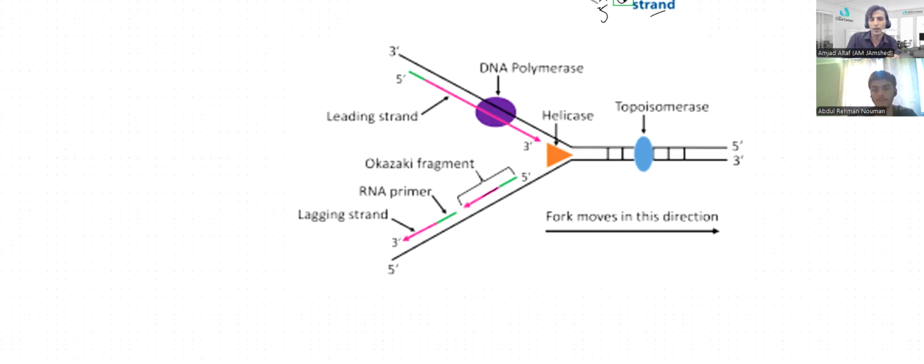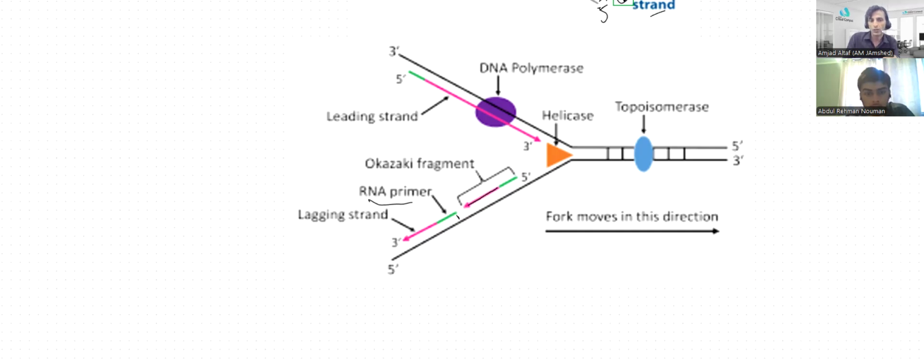In a similar way, for the next fragment, there must be an RNA primer that attaches at that specific 5 prime, and then that is the message for the DNA polymerase to add further nucleotides in, I would say, the 3 direction of the newly synthesized DNA.